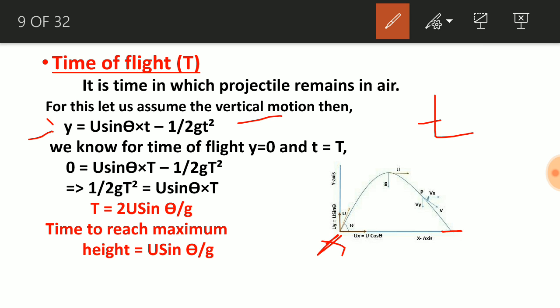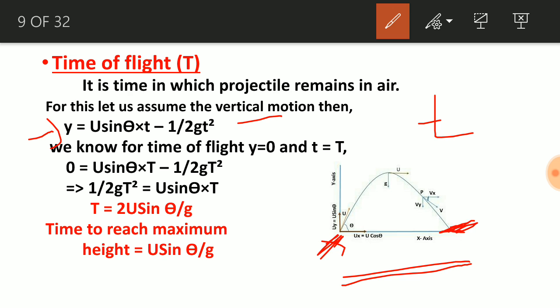Now we know that s is equal to ut plus half at square, for vertical motion will be y is equal to u sine theta into t minus half gt square. When the projectile goes from this starting point to this point where it lands, it comes to the x-axis again. It starts from the x-axis and comes to the x-axis again, like at Tribhuvan International Airport, while taking off it was on the ground.